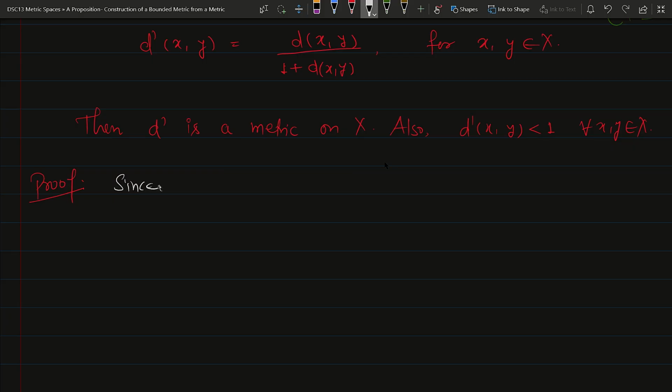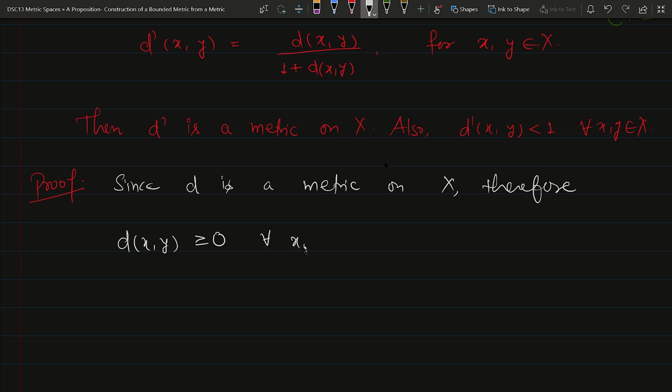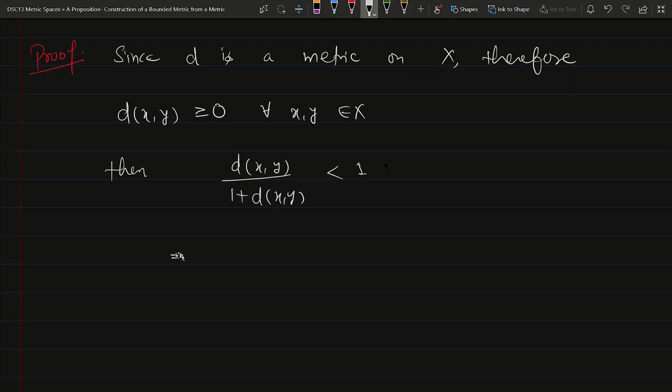Since d is a metric on X, therefore d of x comma y is always greater than or equal to 0 for all x, y in X. Then d of x comma y over 1 plus d of x comma y will be strictly less than 1, and this implies that d prime of x comma y is less than 1 for all x and y in X. So this is about the boundedness. We can say the metric d prime is bounded, though we still have to prove it is a metric, but I am using this word for now.